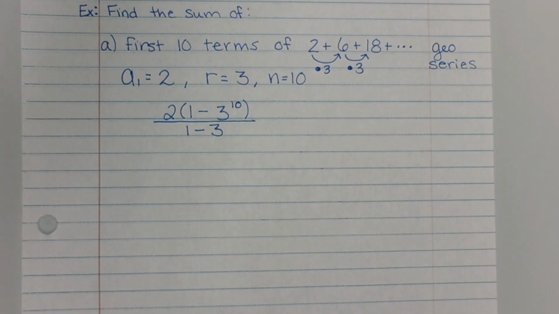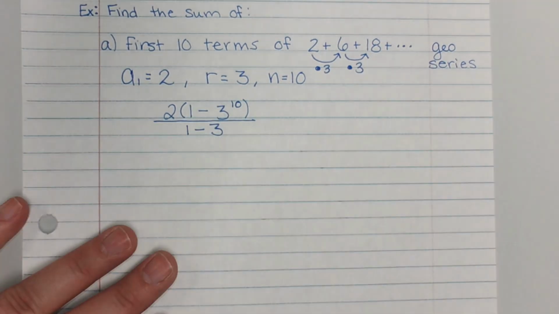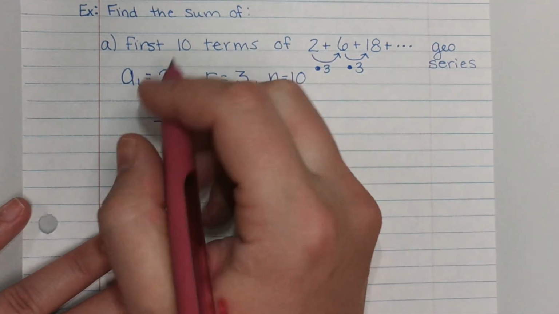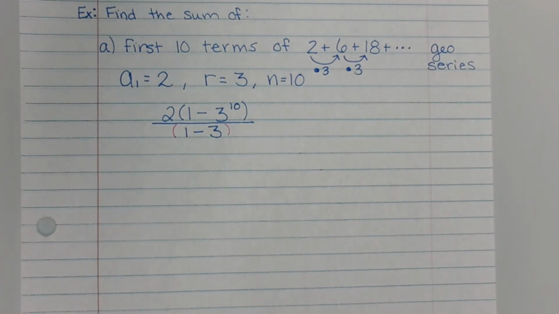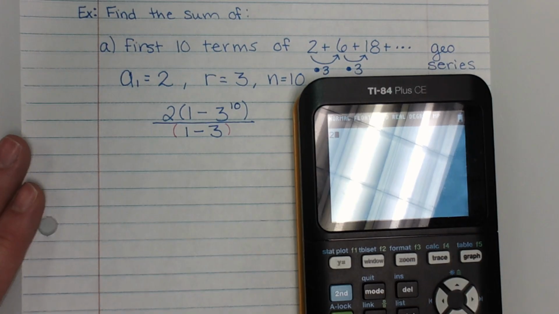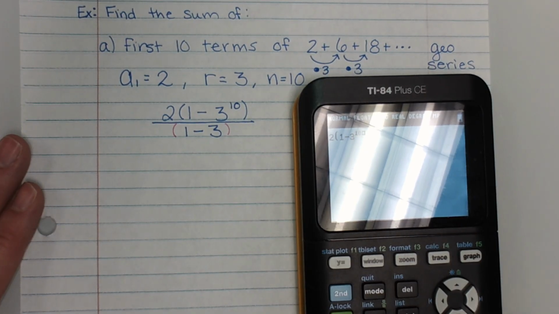Around the 1 minus 3 on the bottom. And if r is either a fraction or negative, it needs parentheses before the power of 10. Otherwise, beyond that set of parentheses here, I can just type this in.